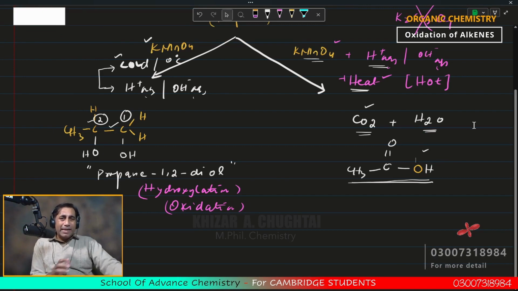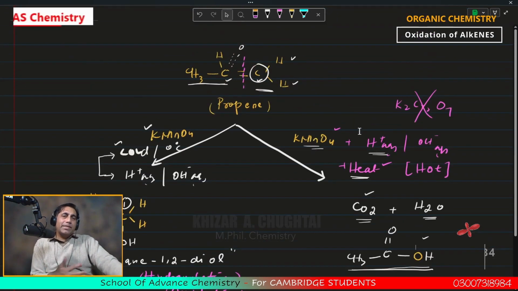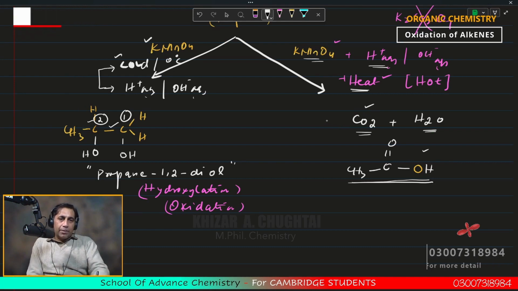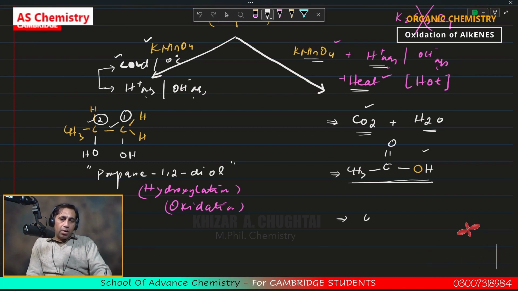This is the basic theme to convert any carbon-carbon double bond compound into CO2, into acid, and there might also be a possibility of the formation of ketone. So carbon compounds can be changed into CO2, into acid, or into ketone.